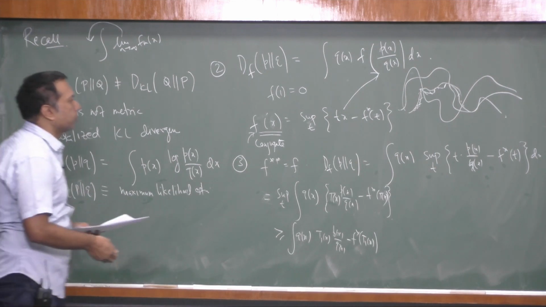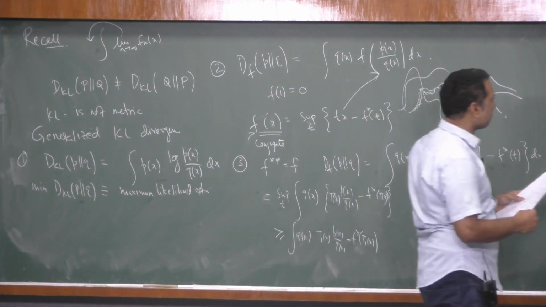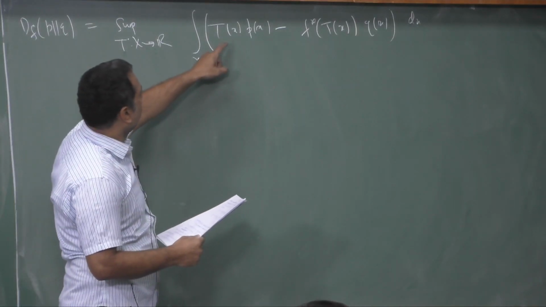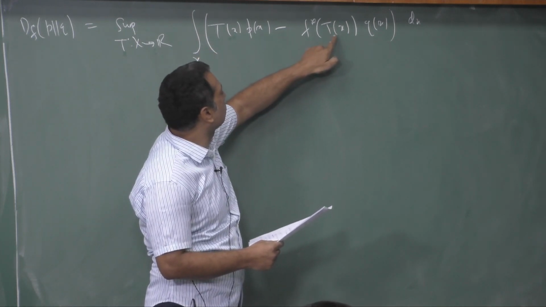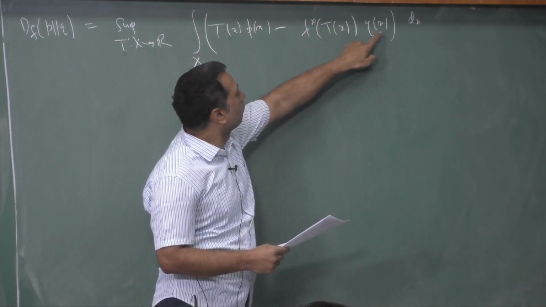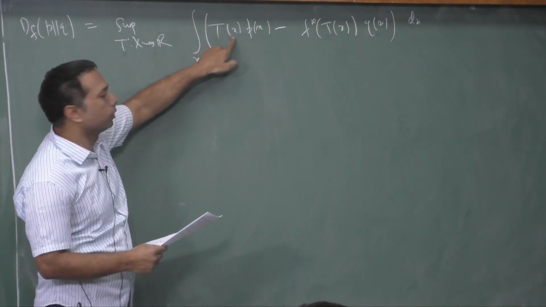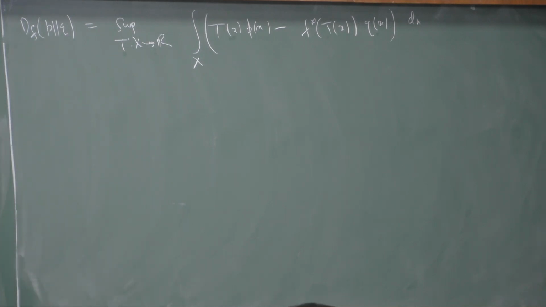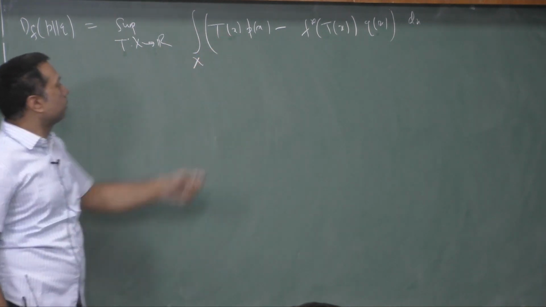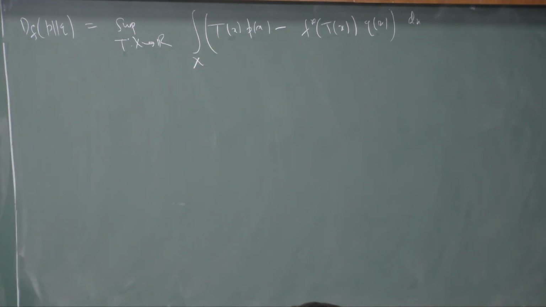Now let us go into the specifics. If we break this, then this is the expectation of tx, and this is the expectation of f star tx with density qx, and this is the expectation of tx with the density px. So we can also write this as an expectation. Since t, as I said, is our choice, this is now a template for us, and which t I choose is our choice.